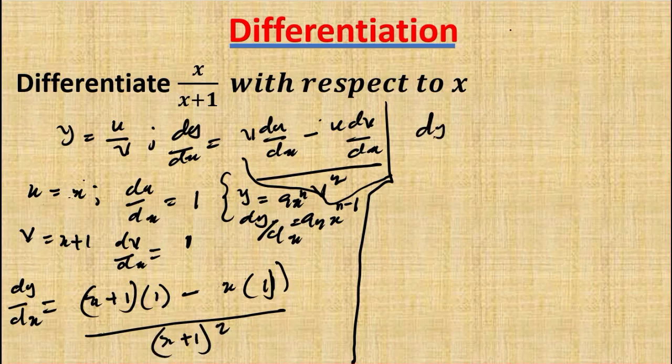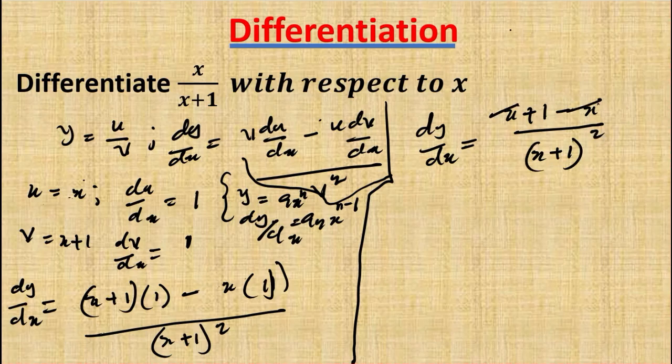So that's my dy dx. It will be the same thing as x plus 1 minus x all over x plus 1 all squared. x minus x, that's 0.